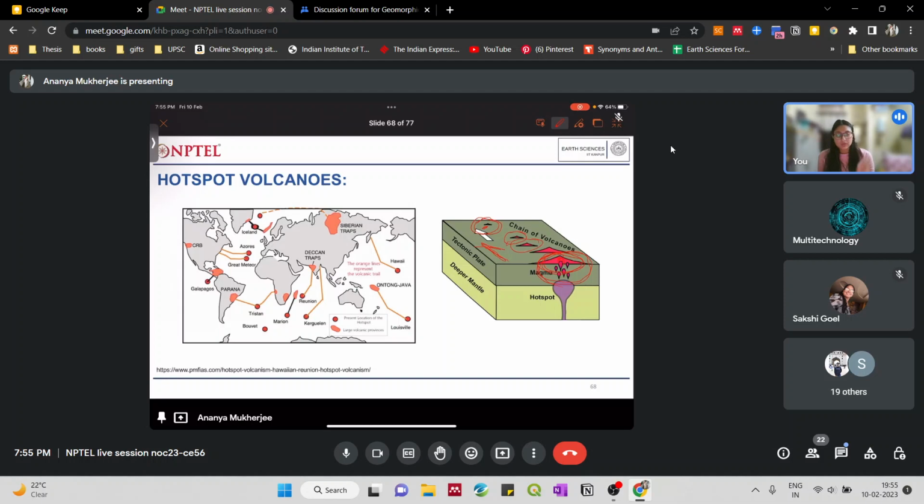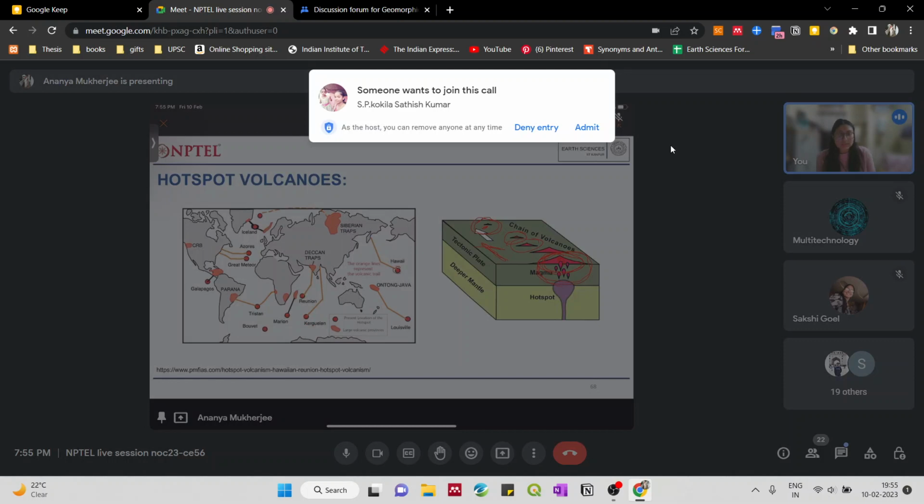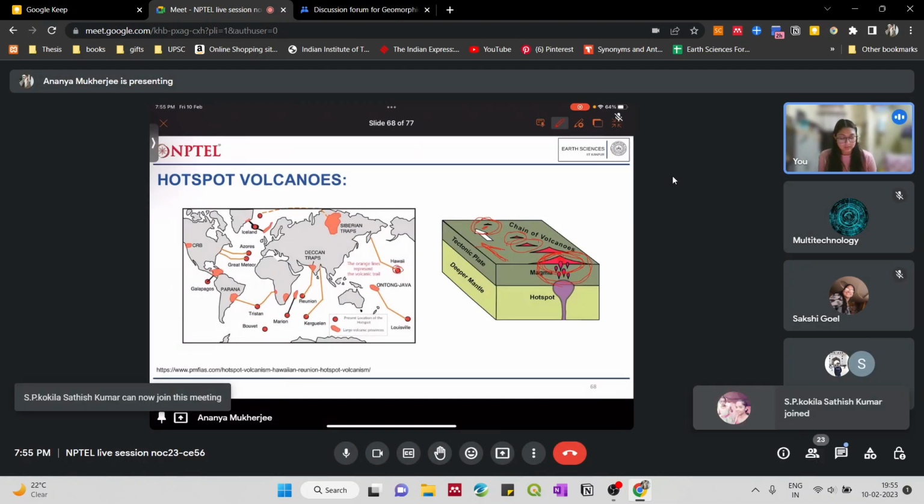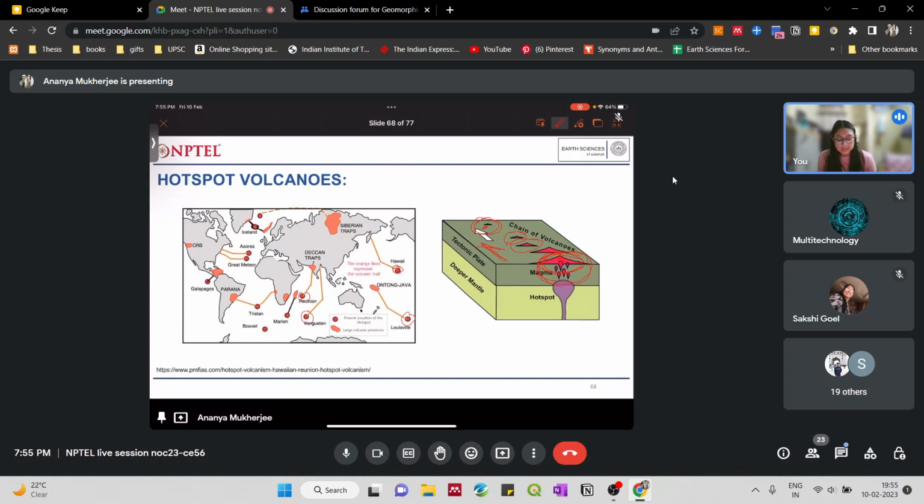Over here on the left side you can see that the red dots are the current positions of the hotspots, and the lines are drawn through the different chains of these sea volcanoes or ocean volcanoes.